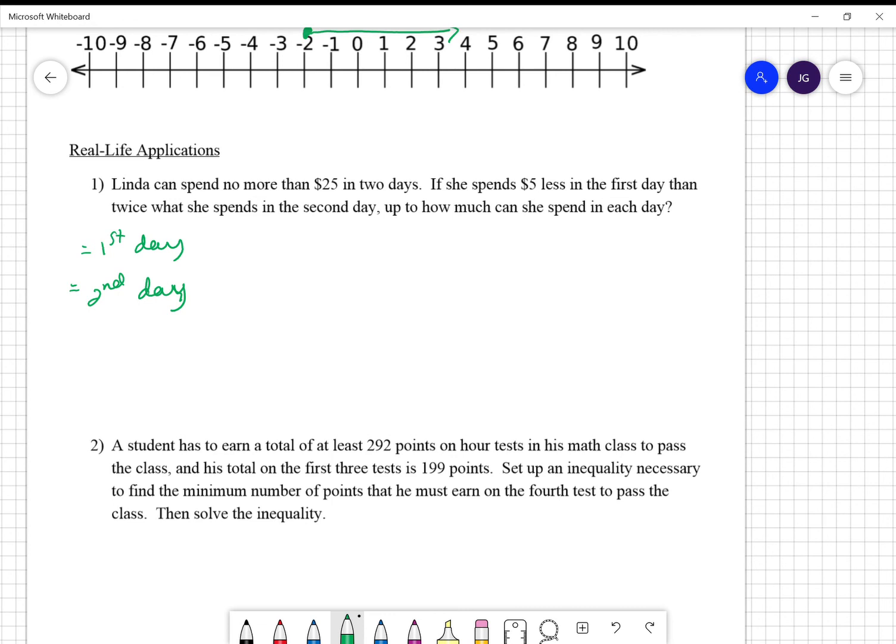I'm going to have no more than means she can spend up to 25, but not more than. So whatever she spends has to be less than or equal to $25.